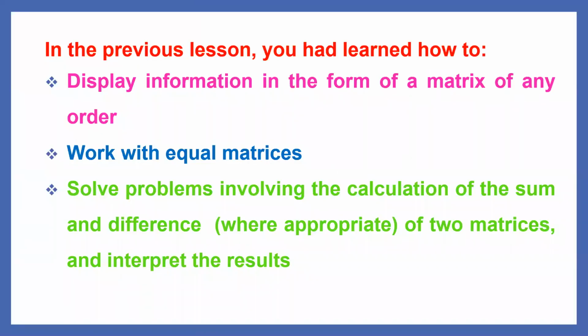You will remember that in the previous lesson, you had learned how to display information in the form of a matrix of any order. You had also learned how to work with equal matrices and how to solve problems involving the calculation of the sum and difference of two matrices where possible and interpret the results.